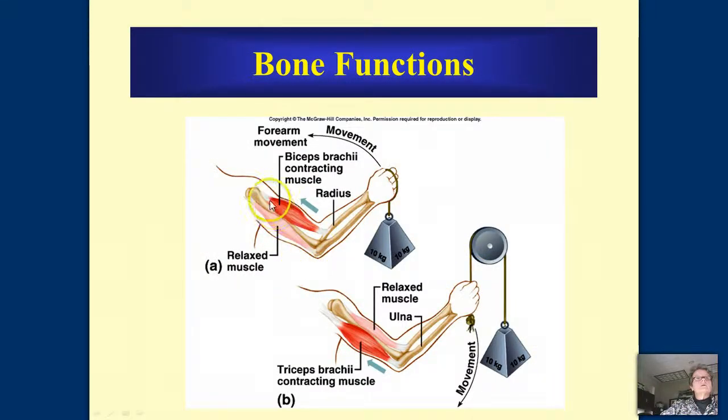Now here we have the biceps brachii, the anterior muscle of the upper arm, which is attached to the radius here. Okay, so here we have our fulcrum, here we have our force, and there is the resistance. The movement of your arm or other bones of your body happens with the action of levers.